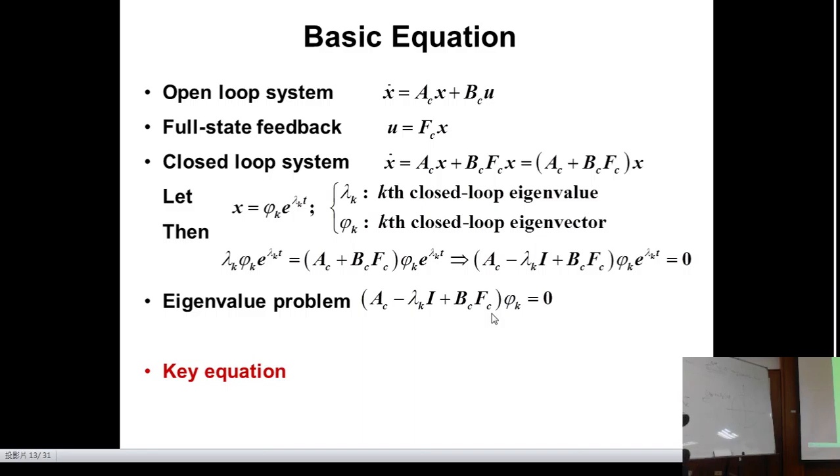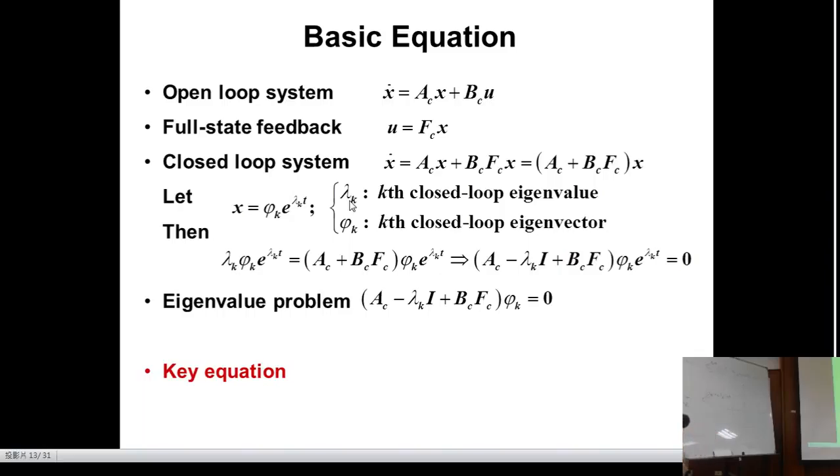Okay, inside these parentheses here, only FC is unknown. All the others are known. Any questions? Yeah, just remember I showed you the simple example. I showed you the desired eigenvalues, right? That means my closed loop eigenvalue, I can have my desired eigenvalue for this one here.